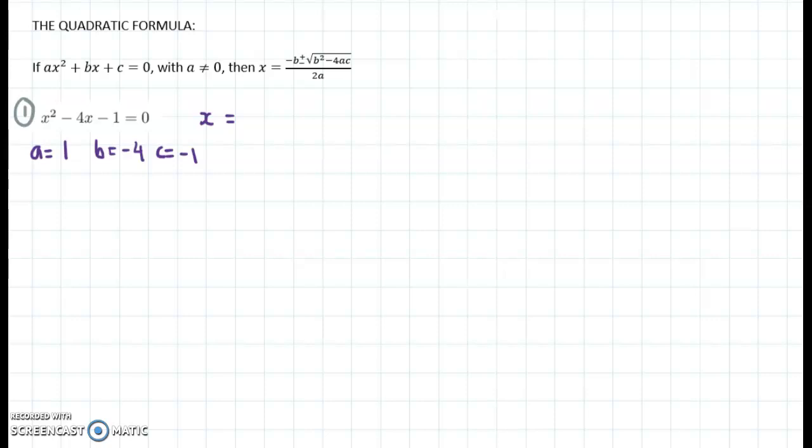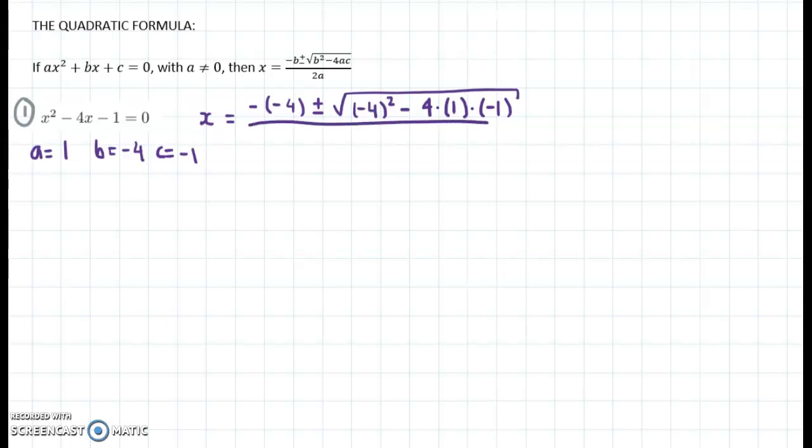So x is going to be minus -4 plus minus the square root of -4 squared minus 4 times 1 times -1, all of this under the square root, and all of this divided by 2 times a, so 2.